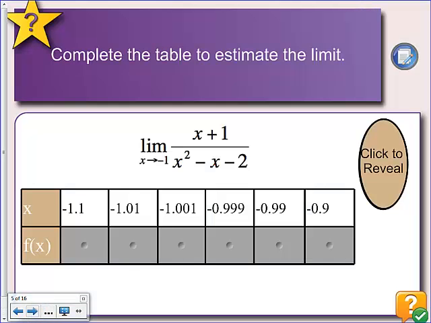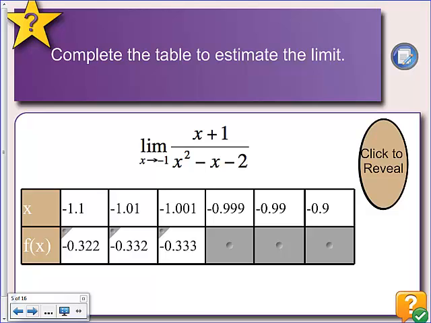So if I look here, let's look at it graphically. From negative 1.1, what is this value? Negative 0.322. Negative 0.01, what is it? Negative 0.332. Getting really, really close to negative 1 from the left side.